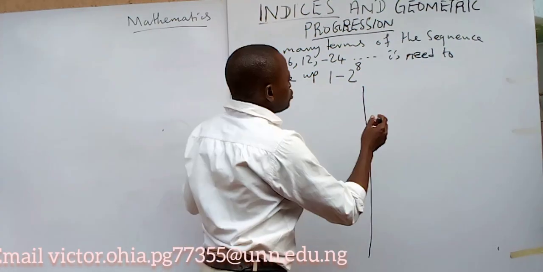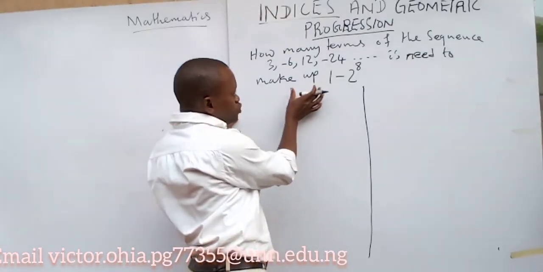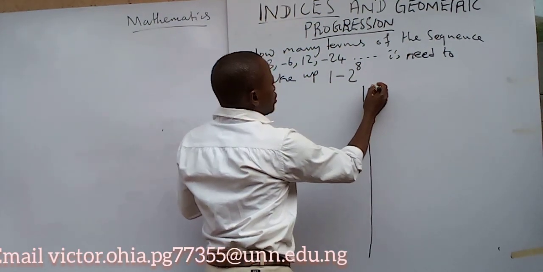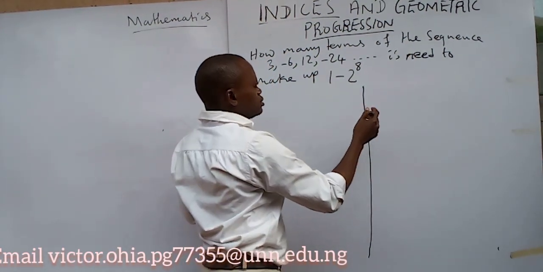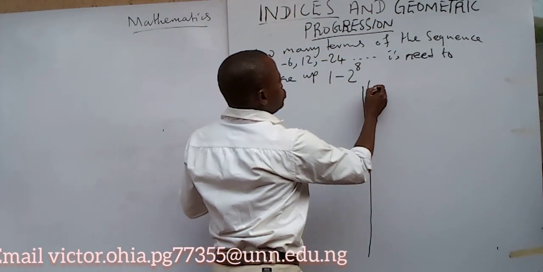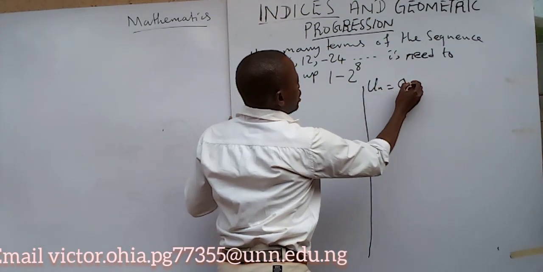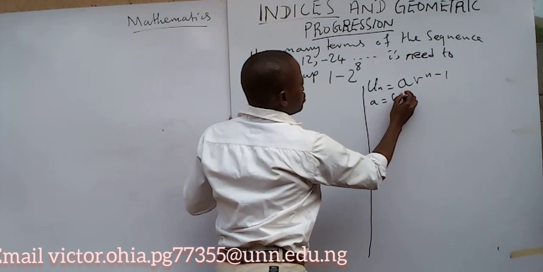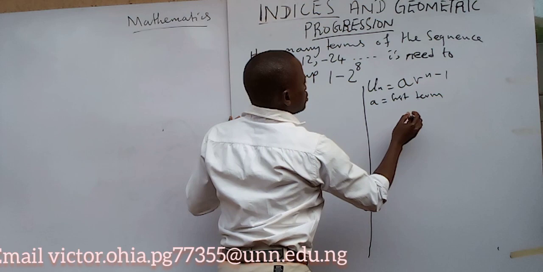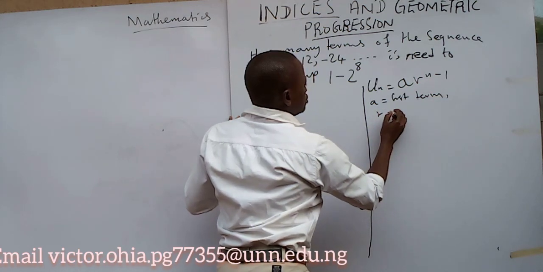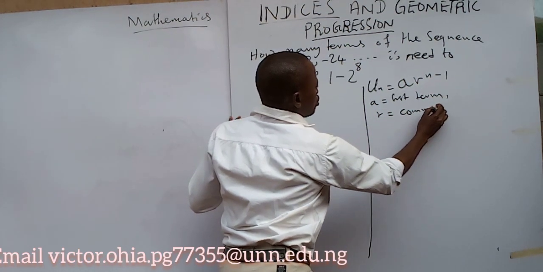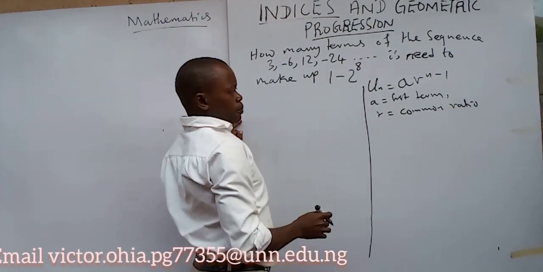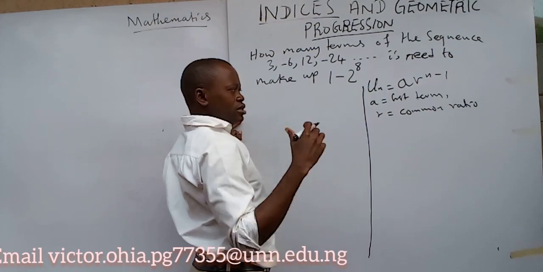As we said in a geometric progression, Un equals ar raised to n minus 1, where a is the first term and r is the common ratio in that sequence.